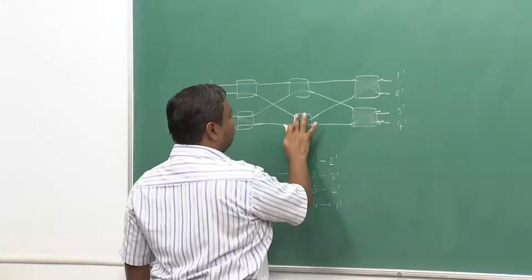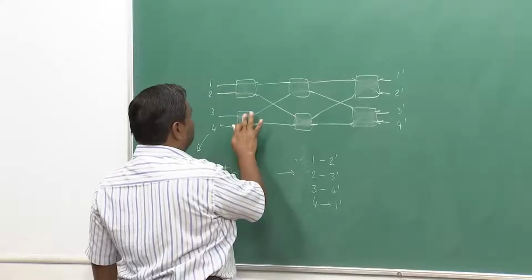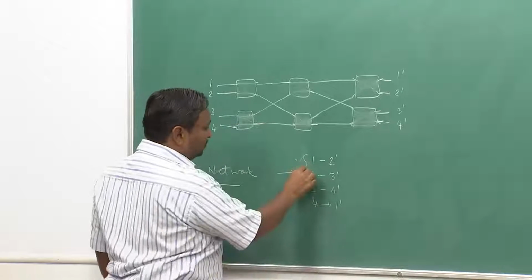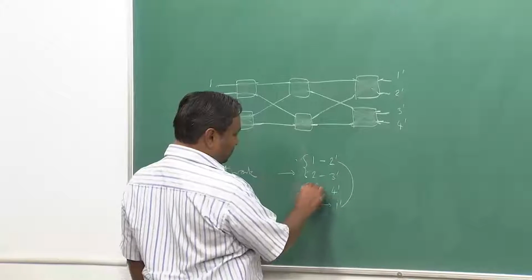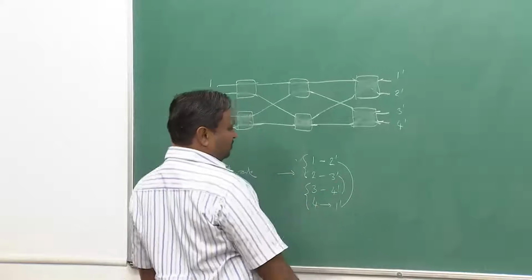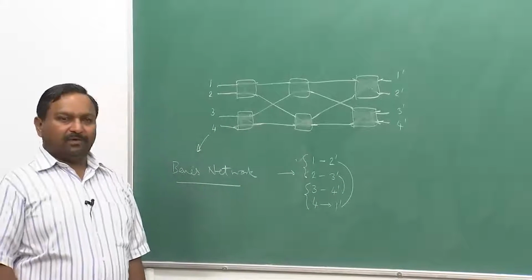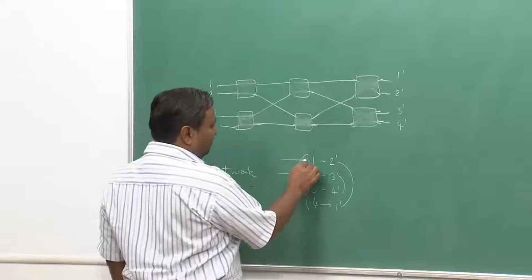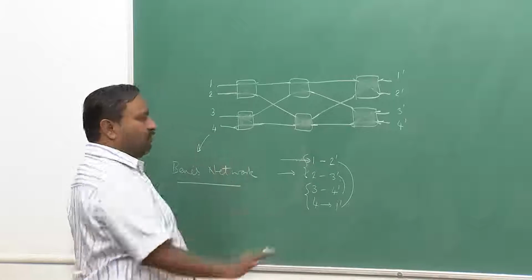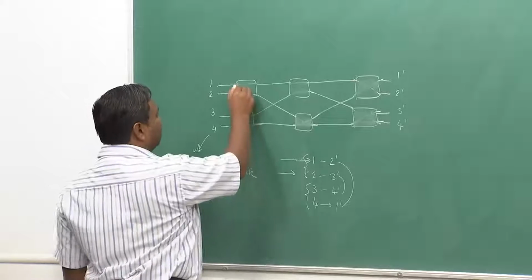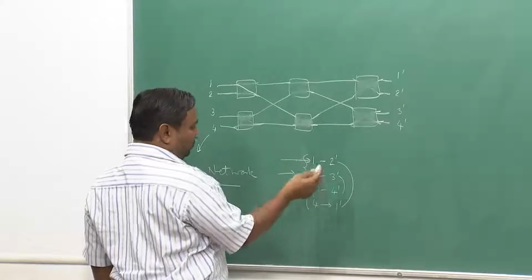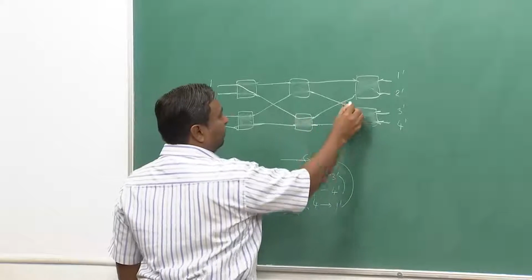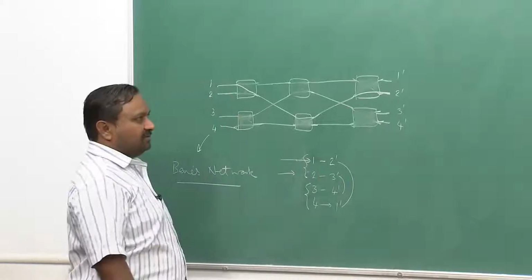The looping algorithm says that these two belong to the same switch, these two belong to the same switch, these two belong to the same switch, these two belong to the same switch, okay. I will start with 1 and set up the connection; I can do it the way I want, it does not matter. This is the first one. This time I am doing it in a different way: 1 to 2 prime, and I have set up the connection.